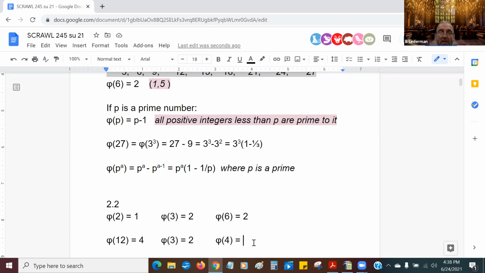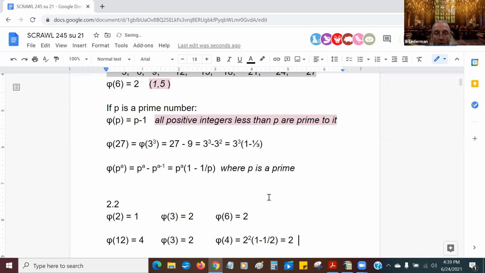So this is 2 squared times 1 minus 1/2, which is of course equal to 2.